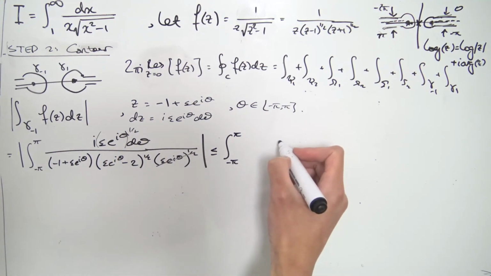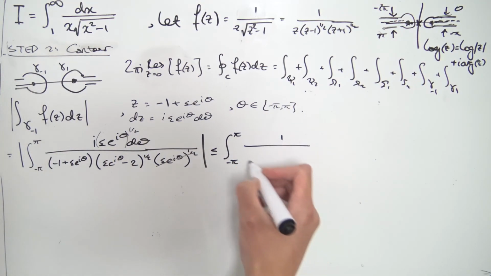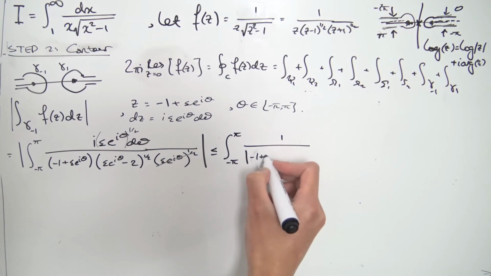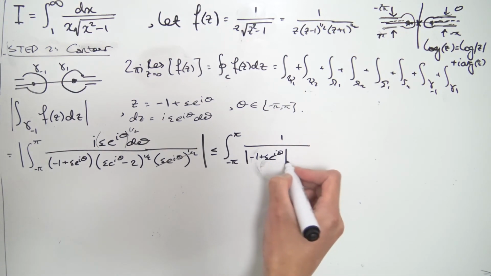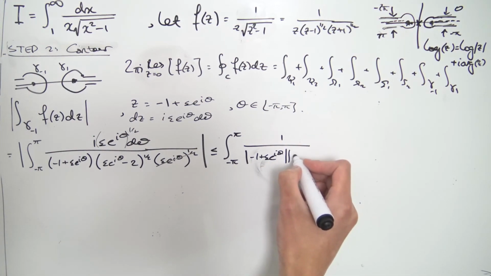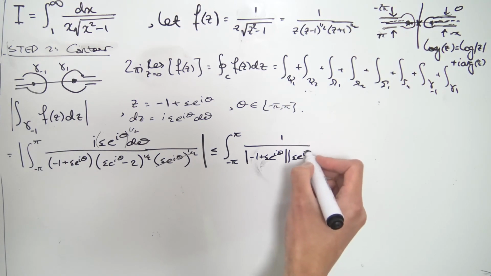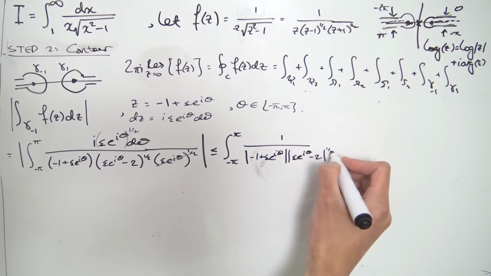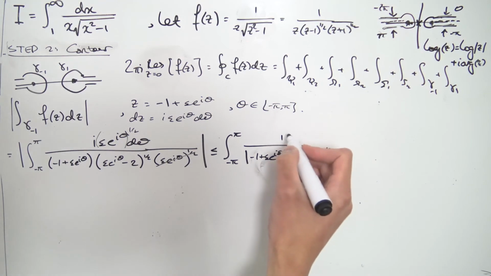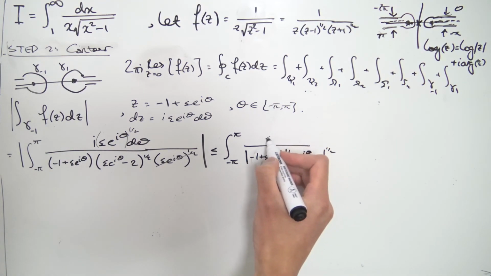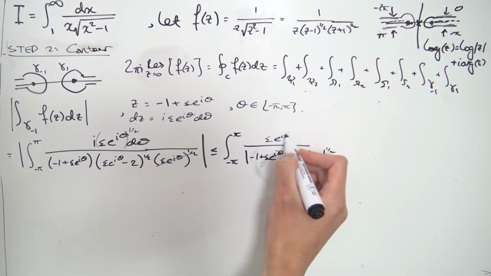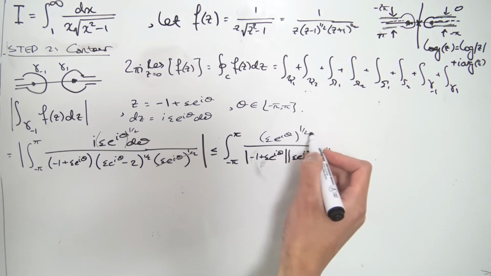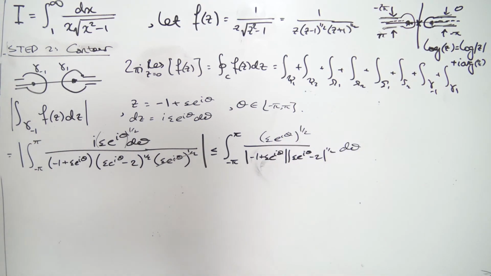The absolute value of the inside is going to be 1 over, we have minus 1 plus epsilon e to the i theta, and then epsilon e to the i theta minus 2 to the 1/2, and we still have epsilon e to the i theta, but this whole thing raised to the 1/2 power, d theta.